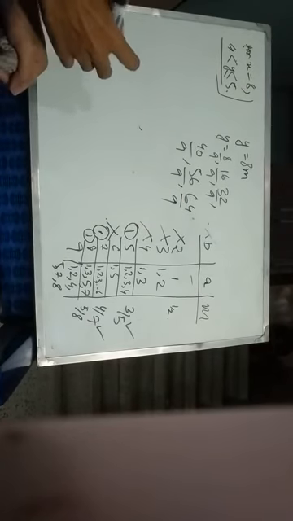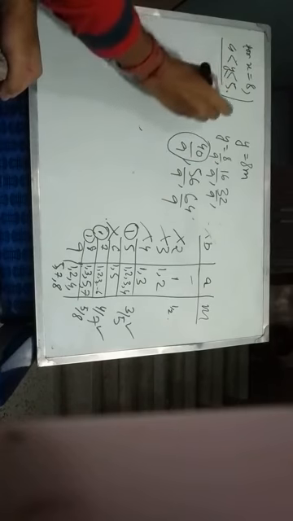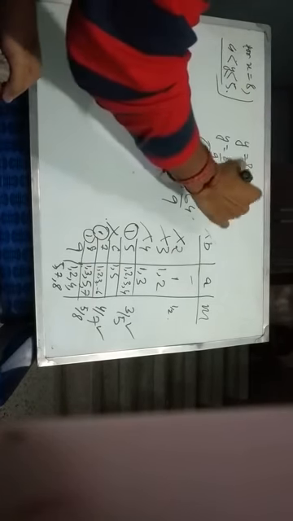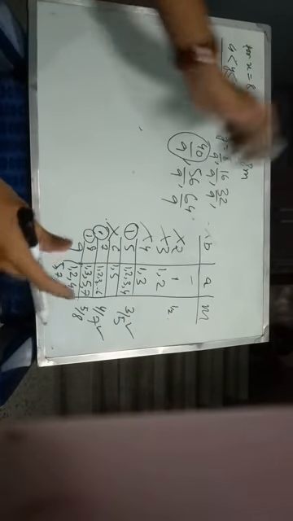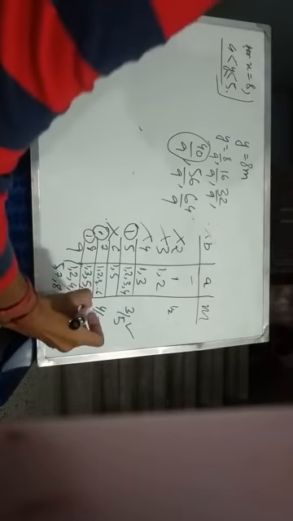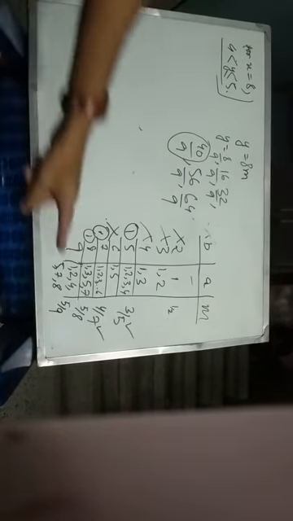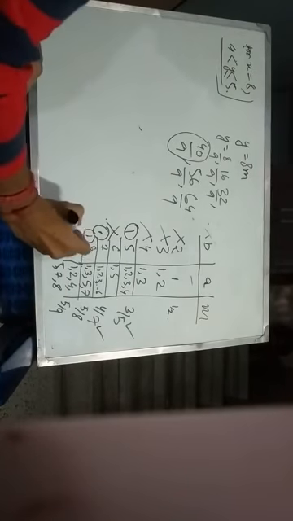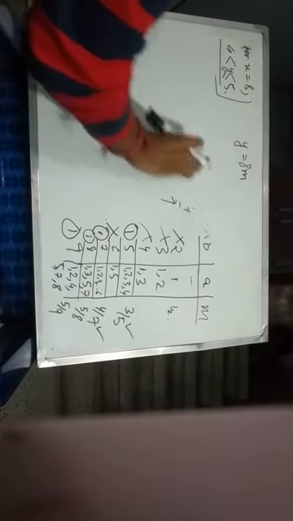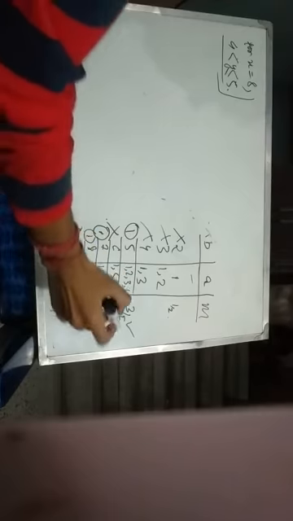Now you can check that only this value 40 by 9 lies between 4 and 5. Okay, and the rest all values are either less than 4 or more than 5. So here also we have got one valid condition, that is the condition 5 by 9. Okay, this condition also gives us a valid path. So now we have checked for all the conditions and we get 4 valid conditions, that is 3 by 5.